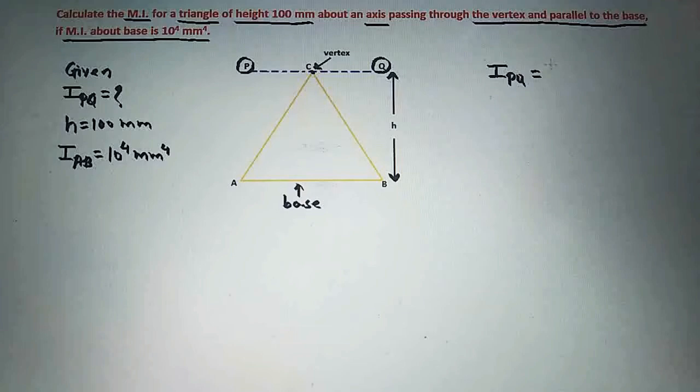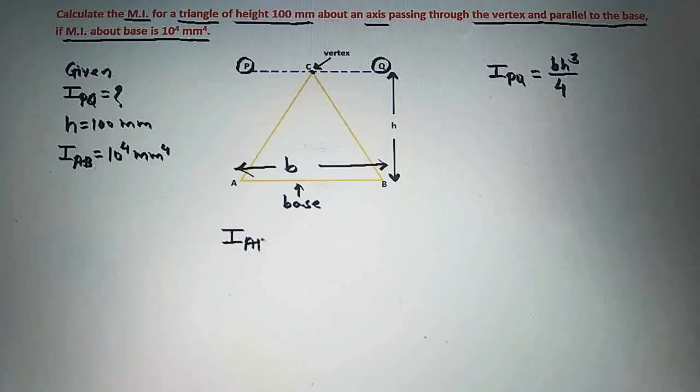The formula to find out the moment of inertia about an axis passing through the vertex and parallel to the base is IPQ is equal to BH cube by 4. So B is the base of the triangle and H is the height of the triangle. We have the height, but we don't know the base, that is B. As we know the moment of inertia of a triangle about the base, IAB is equal to BH cube by 12.